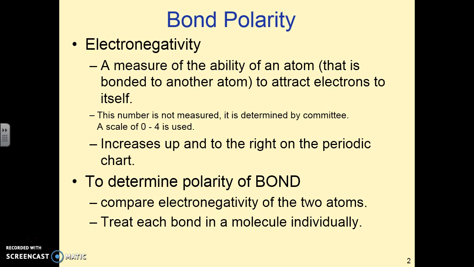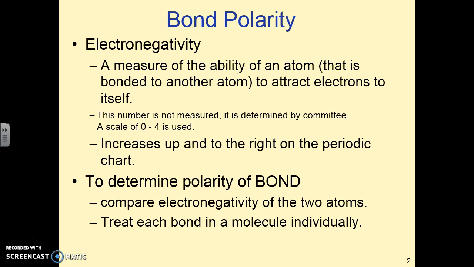So how do we determine polarity? We use electronegativity, and as we've discussed, electronegativity is the ability of an atom to attract electrons to itself. It's measured on a scale of 0 to 4, and you have to remember from our electronegativity trends that it increases as you go higher on the periodic table and as you go more to the right.